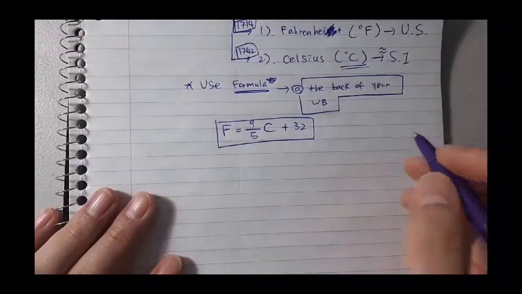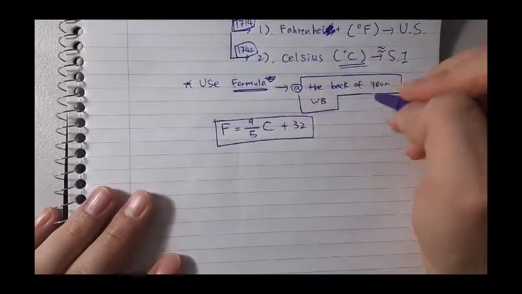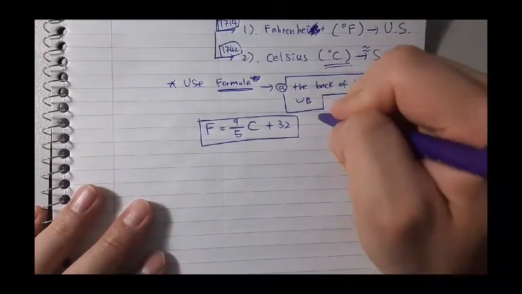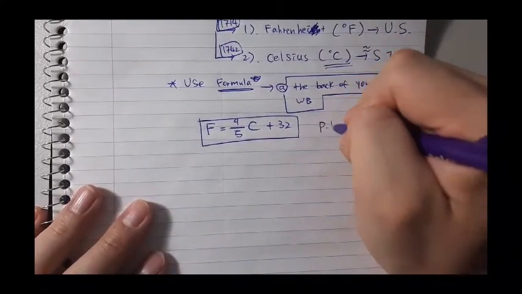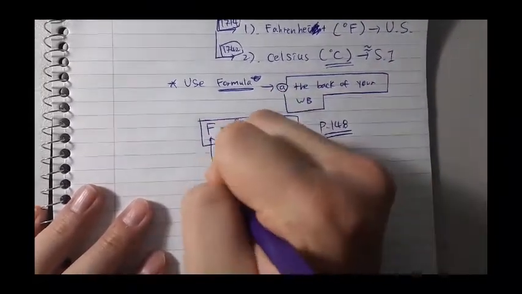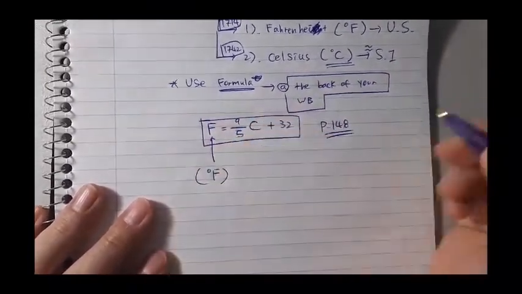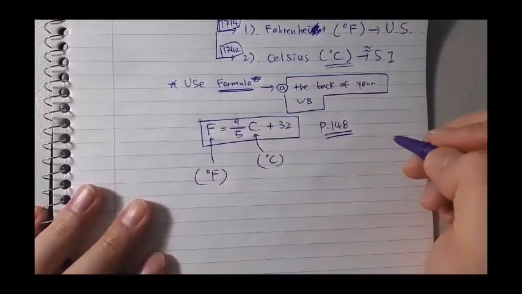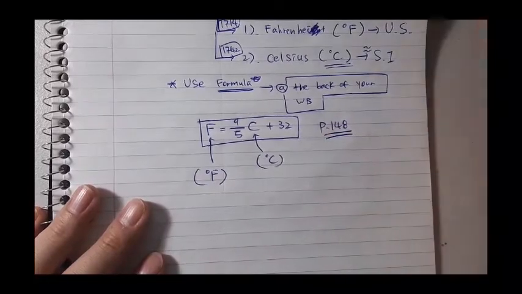This is your formula that is on your formula sheet, the very back page of your workbook, or you can find it on page 148 too. As you may notice, F represents any answer in Fahrenheit, and C is any degree Celsius. So that relationship is what you need to be careful about.